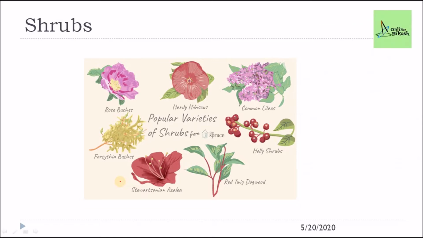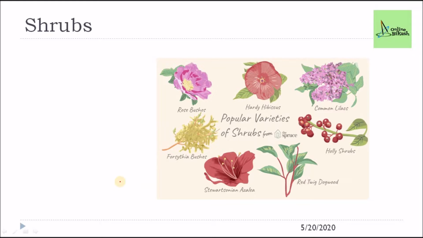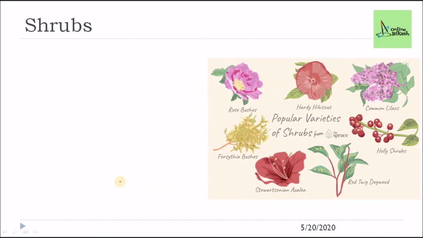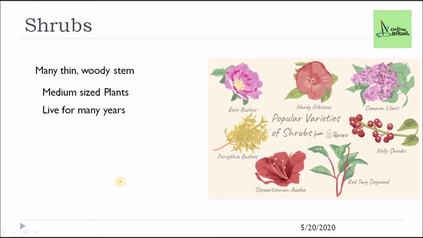Now shrubs are medium sized plants. They are not very tall, not very short, and they have many thin woody stems and they live for many years. You have seen rose plants. Rose plants have many woody stems, but they do not look like a great tree and they do not look like a small herb.